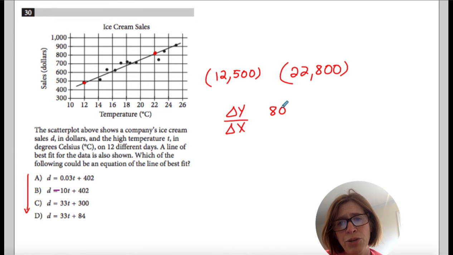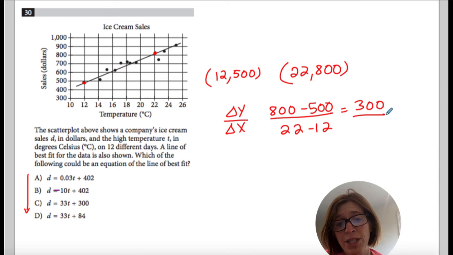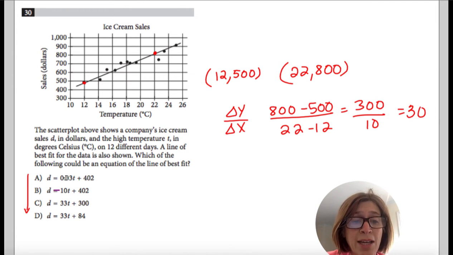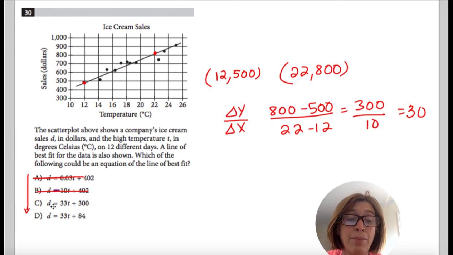And so 800 minus 500 all over 22 minus 12 gives me 300 over 10, which gives me a slope of about 30. So that tells me right off the bat that A and B are out, and that my slope is likely 33.